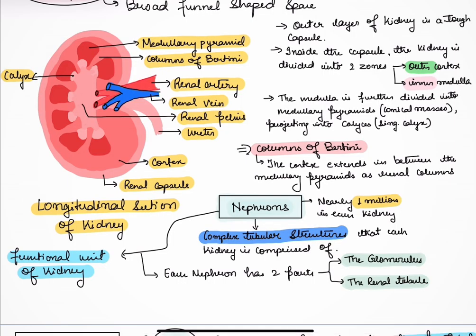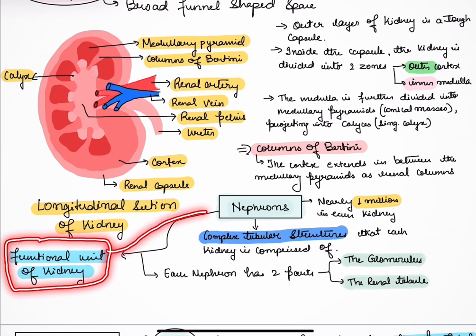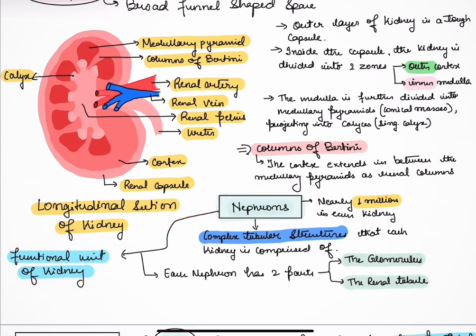Now coming to the functional unit of the kidney, which is the nephron. Now I am focusing on the term functional unit and not structural unit. Nephrons are the functional unit of the kidney.